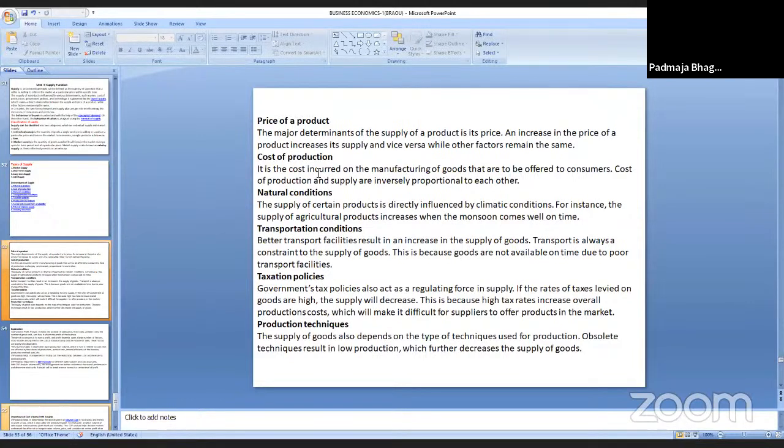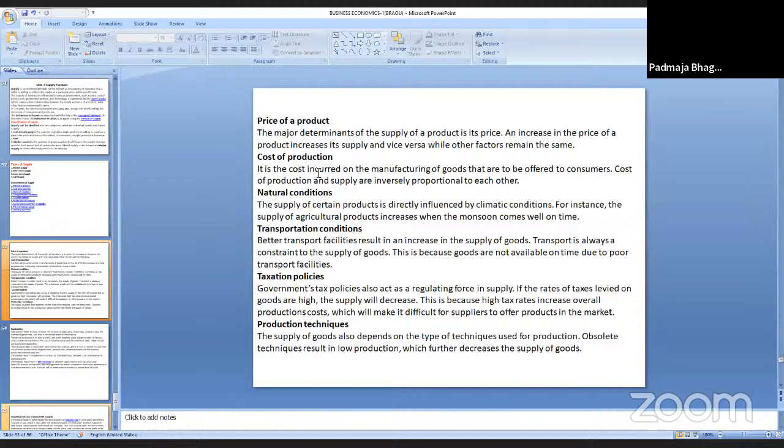This is because high tax rates increase the production cost, which will make it difficult for suppliers to offer products in the market. Now you got the point. That is taxation policy. The next is production techniques.